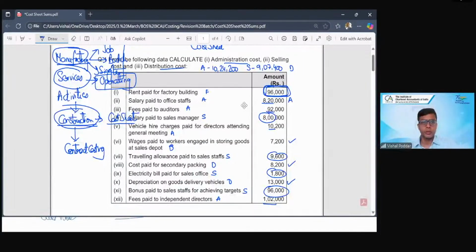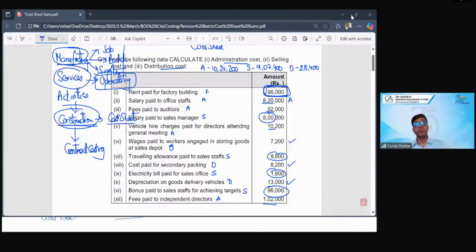And distribution 28,400. Okay, so these are our answers, students. Yes, Manivanan has also given me the same answers, so it means it is confirmed. Right. Super. Great.